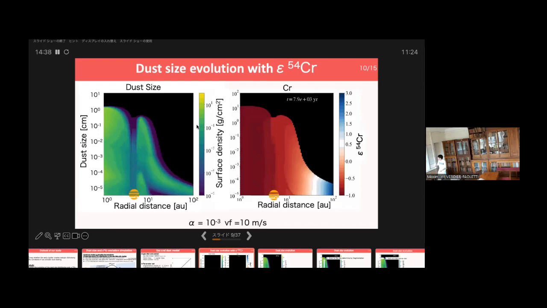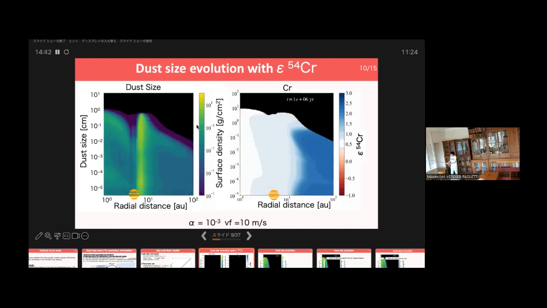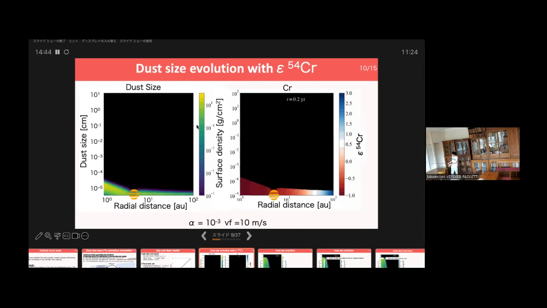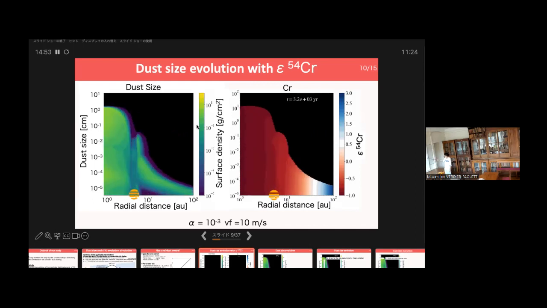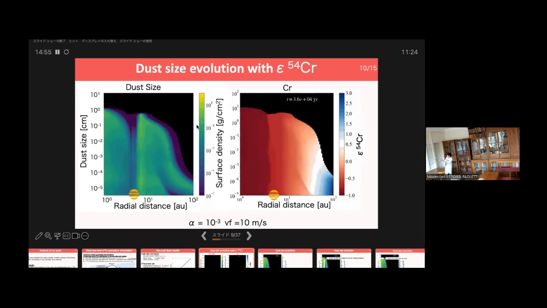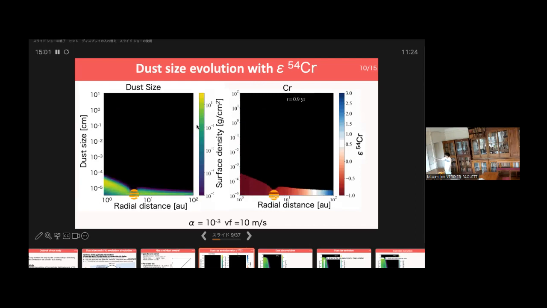And this plot shows the epsilon 54 chromium values on dust aggregates. So at this region, the epsilon 54 chromium at this size is this value; these are average values. This picture shows the average value of epsilon 54 chromium.